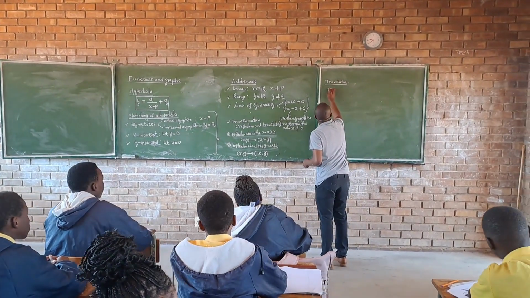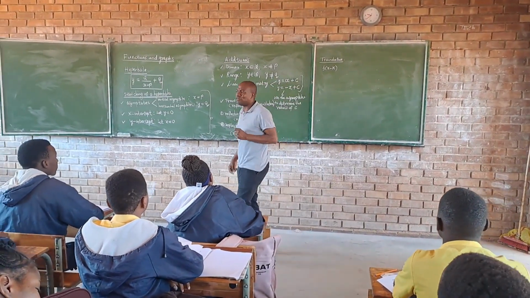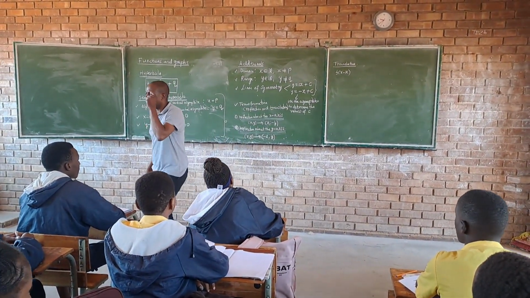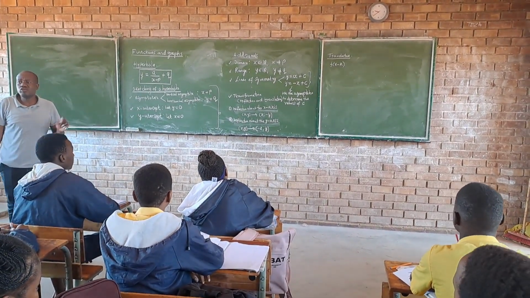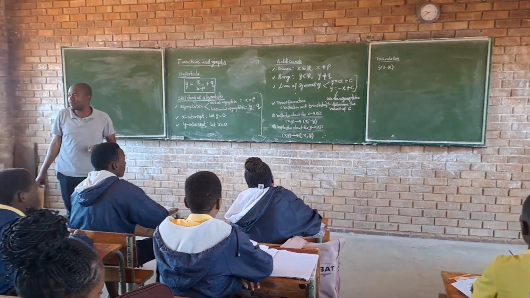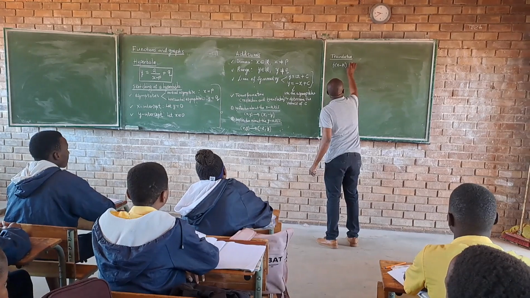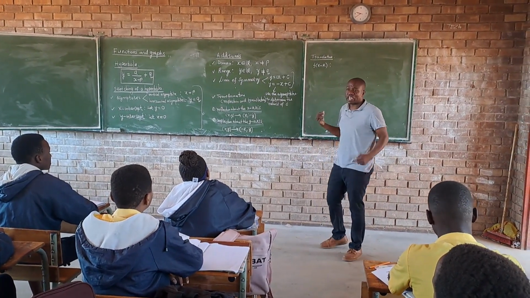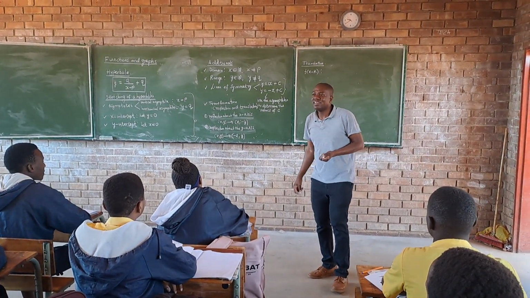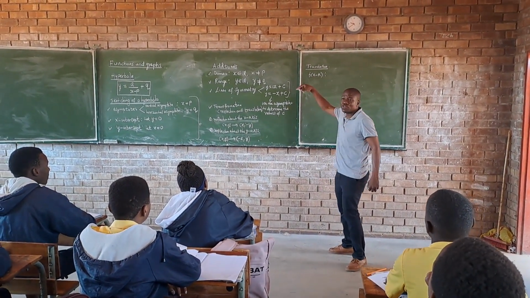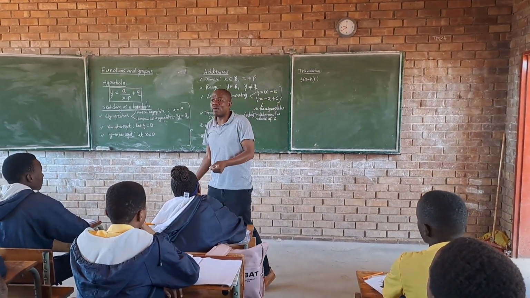If we have f of x minus k, do you see that the k is going to affect the x? So what would be the translation there, if we wanted to describe it? If there is a minus, if you recall very well, it has to affect the x.